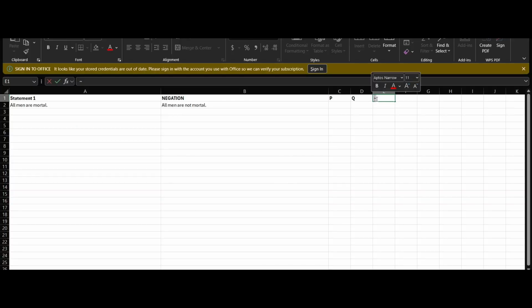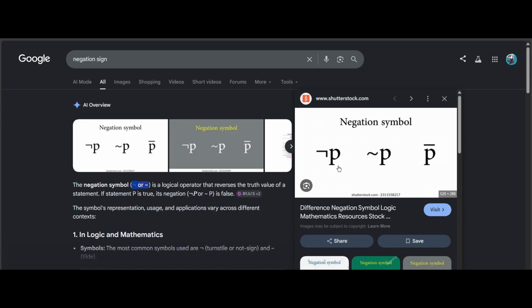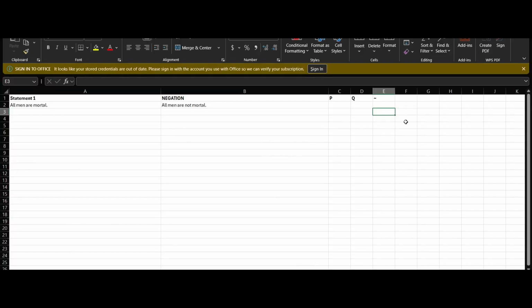So I'm going to opt for this squiggly line because it's a bit exhaustive to copy and paste this negation symbol. But this is the main negation symbol that you should take note of, because that is what teachers and professors usually use in order to demonstrate negations.